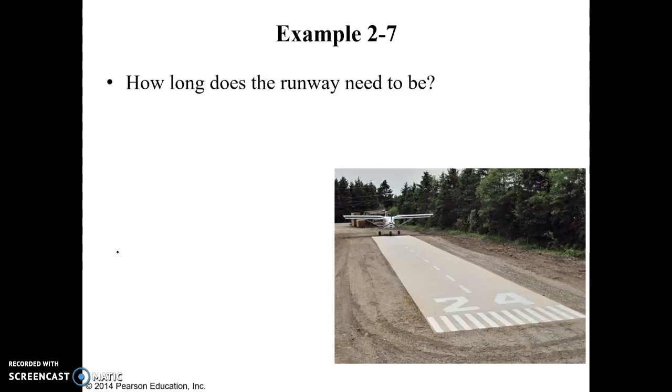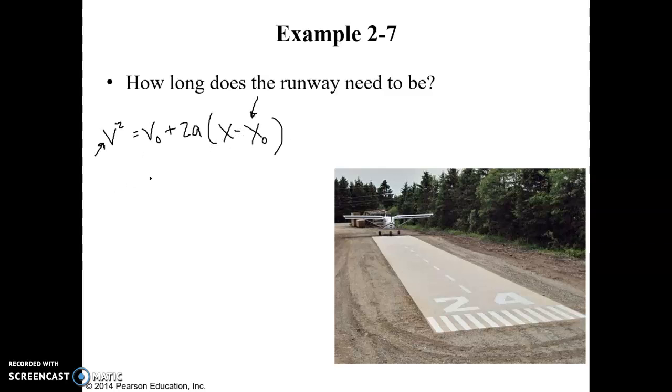Well, we can actually use that same equation. Velocity squared equals the initial velocity squared plus 2 times acceleration multiplied by the change in position. This time we'll leave the length of our runway as the unknown, and instead plug in the final velocity that we desire.